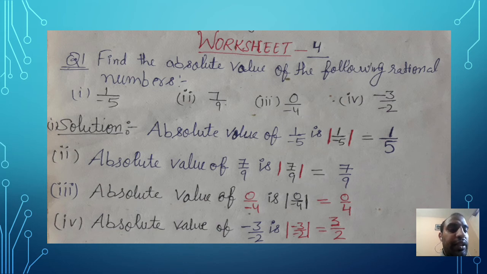So the answer is 3 upon 2. My dear student, this absolute value concept is very easy. In general, we turn every negative number into a positive number, and positive remains positive. For 0, the value remains 0. Hope this concept of absolute value is clear to you up to here.